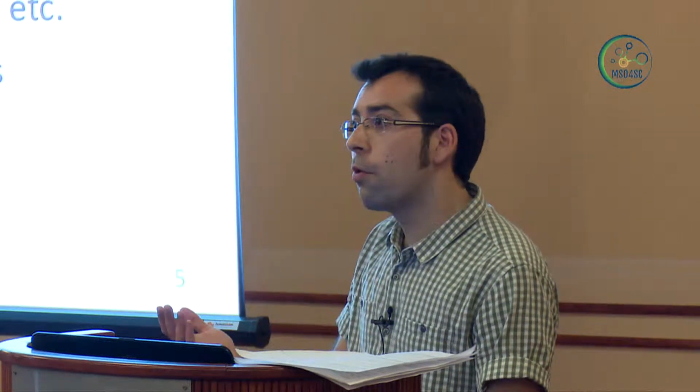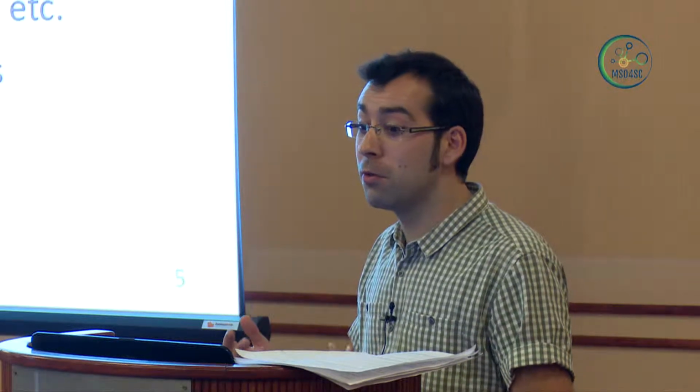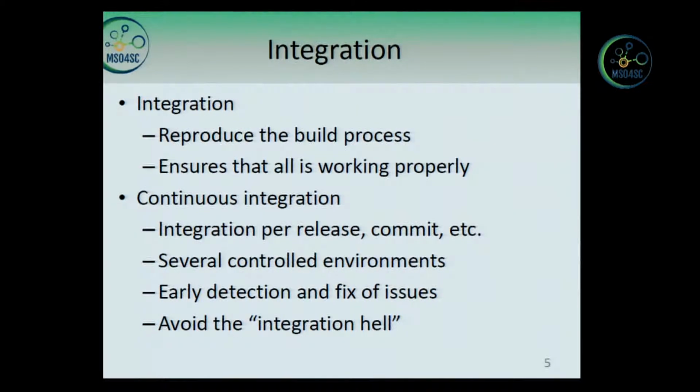And what does controlled mean? We cannot include all the possible infrastructures in a continuous integration process. We usually have several operating systems or several library versions. What is the main purpose of continuous integration?